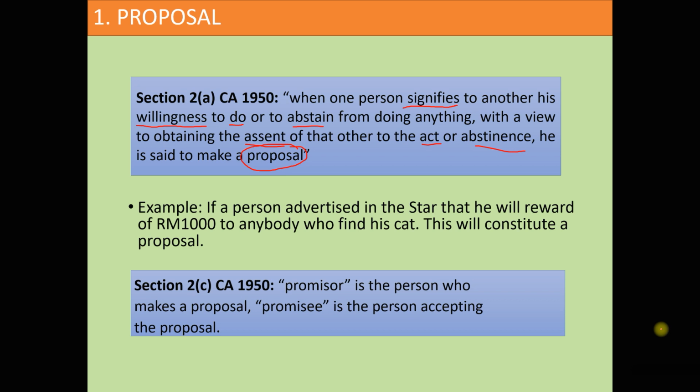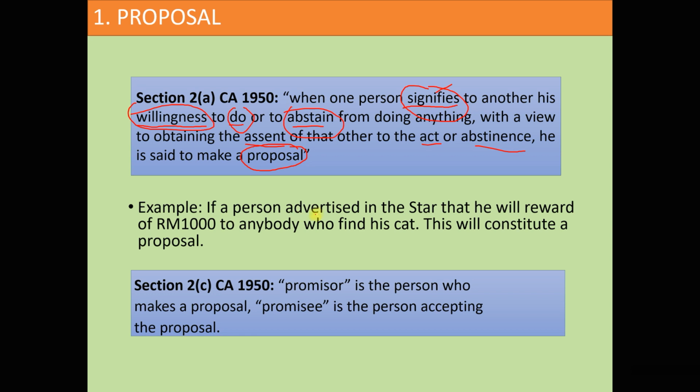And he is said to make a proposal, right? So those are the keywords of the proposal. Signifies, there must be communication, communicating to the other what he wants to do or not to do, right?